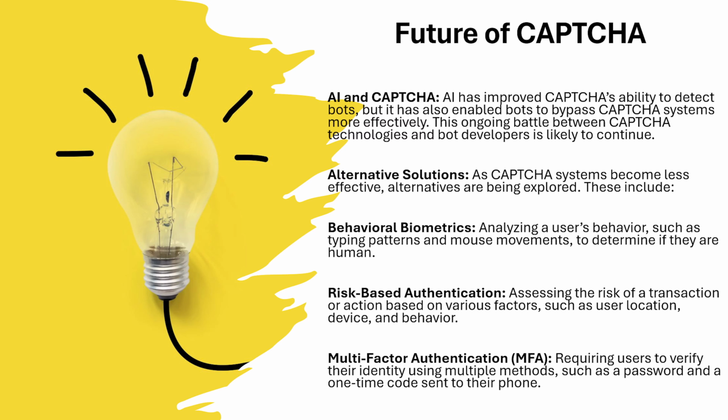All these things will be taken into consideration. And of course multi-factor authentication is also a very secure way, but beyond multi-factor authentication, CAPTCHAs are also one way of identifying and authenticating to the portals. So this is kind of the future of the CAPTCHA.